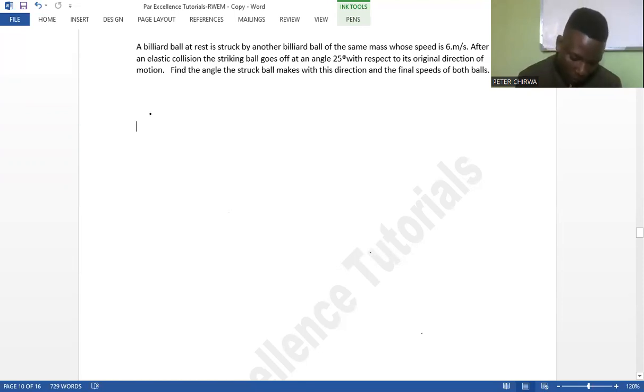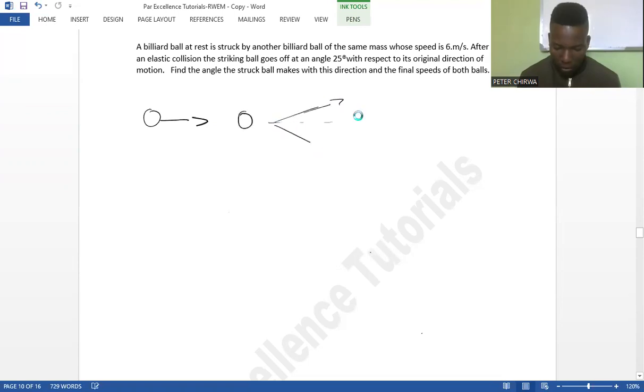So if we have a ball that is moving like that, and we have that with respect to the x, let's say the first ball goes at 25 degrees and the other ball goes at the angle theta there.